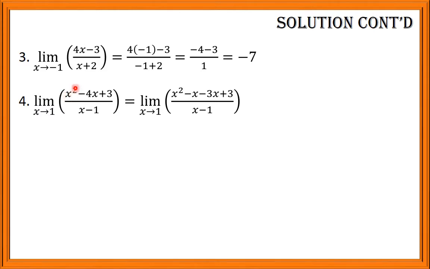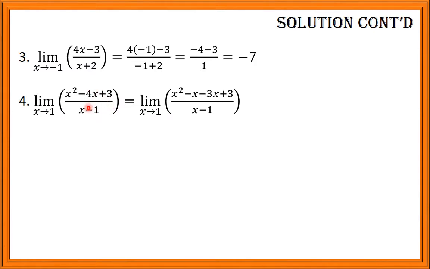Into the numerator too, you have 1 squared, which is the same as 1, minus 4 times 1, which is 4. So we'll have -3 plus 3, which will also be 0. So the whole of this function will be 0 over 0.